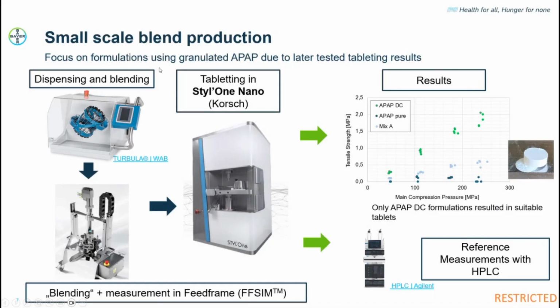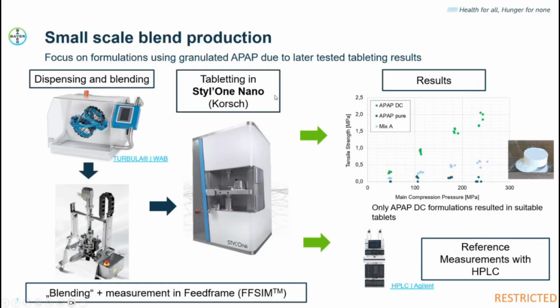So what did we do? We did dispensing and blending. We did additional blending. Apparently, a feed frame is a good blending equipment, huh? And then the measurement in the feed frame simulator.